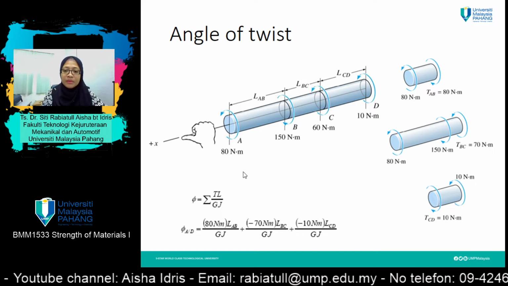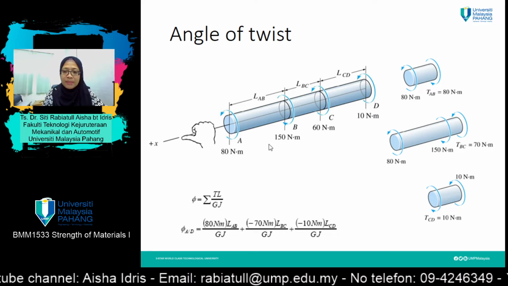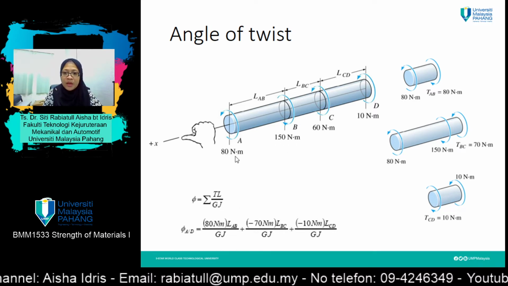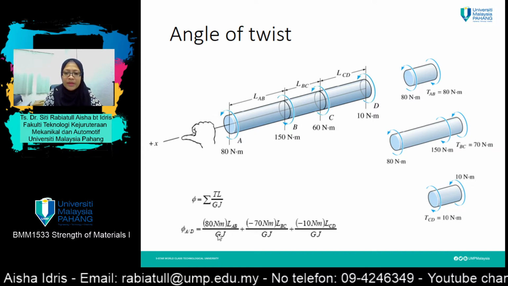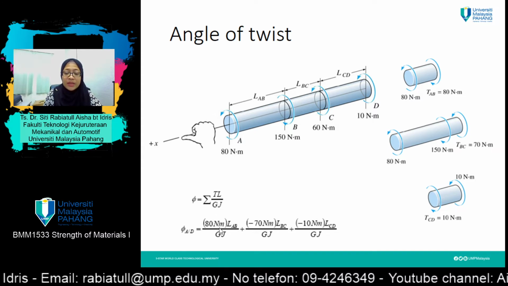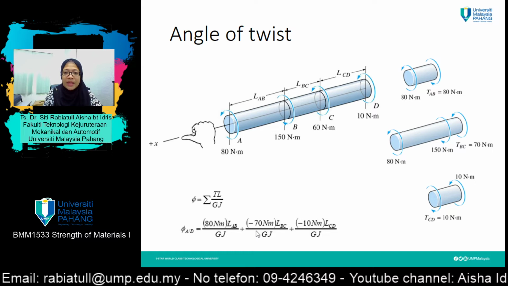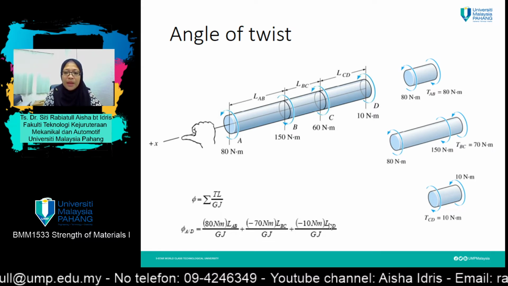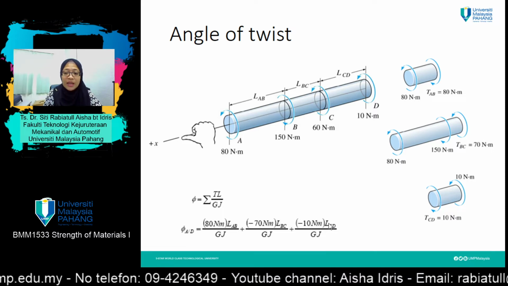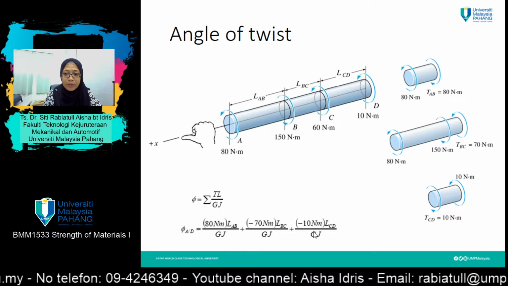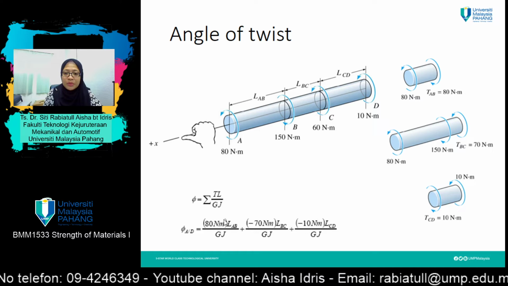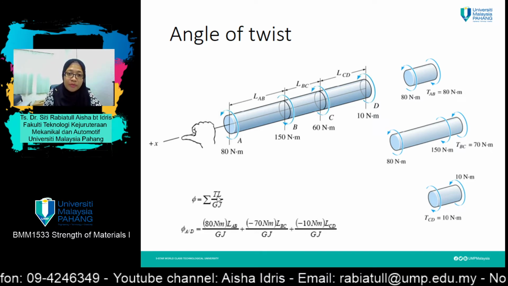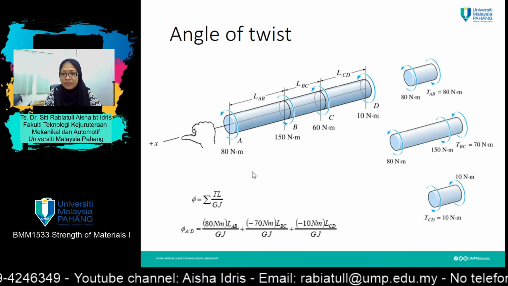For this figure, it is TL over JG for section AB plus TL over JG for section BC plus TL over JG for section CD. So you need to find the value of torque for each section.